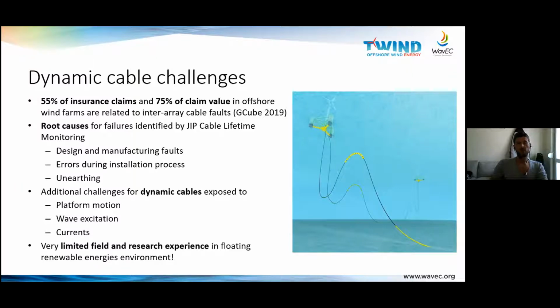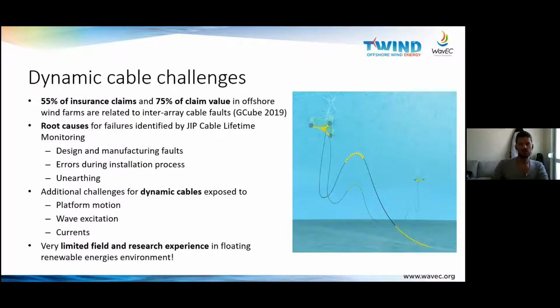But if you look at the root causes of these failures, one is mostly related to design and manufacturing. The others are more likely related to errors in the installation process or the unearthing of the cable, and then it starts to move around.